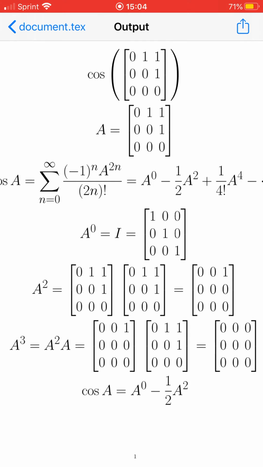The matrix A is 0, 1, 1, 0, 0, 1, 0, 0, 0. And we know that A to the 0th power is by definition equal to the identity matrix, the 3 by 3 identity matrix. And we calculated A squared. And so we just need to plug those things in.